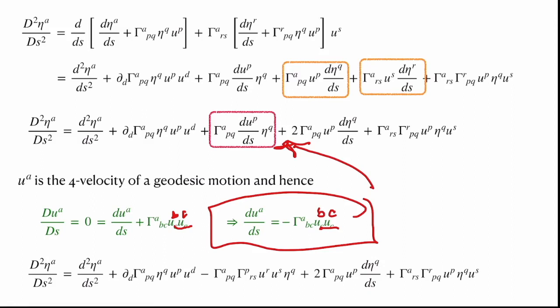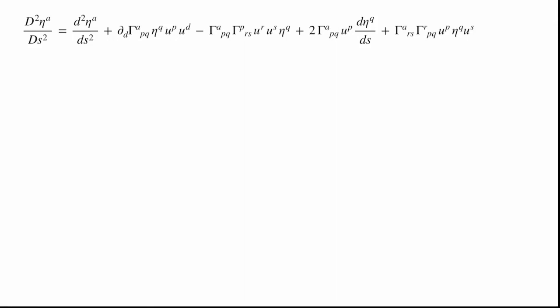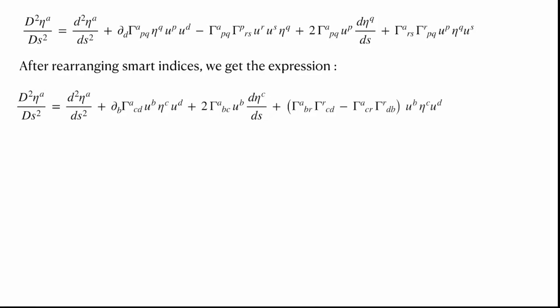That means this term somehow has to be connected with the Riemann tensor. We also have a partial differentiation of gamma, so some things are missing, but that can be obtained by substituting this from our earlier equation. So let's take this expression, and we can rearrange some of the terms here so that the equation takes a simpler form. All we have done here is that the indices have been renamed.